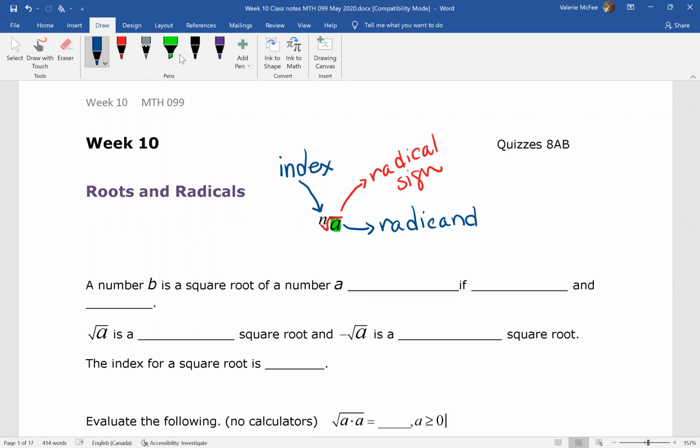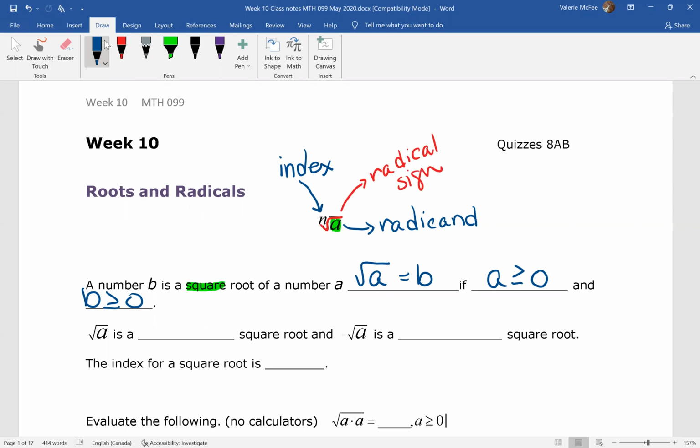So if we want to talk about square roots, a number b is a square root of a number a. Well, what does that mean? The square root of a number a is a number b. So we can say that b is a square root of a if a is greater than or equal to 0 and b is greater than or equal to 0.